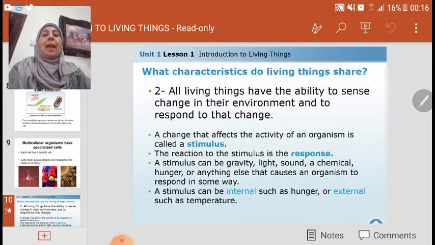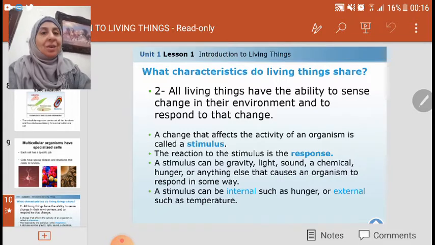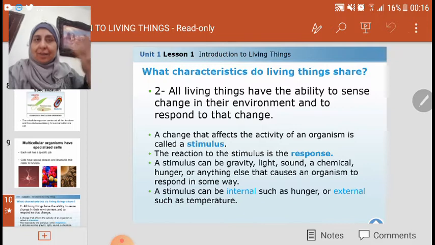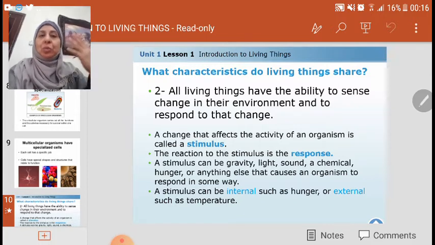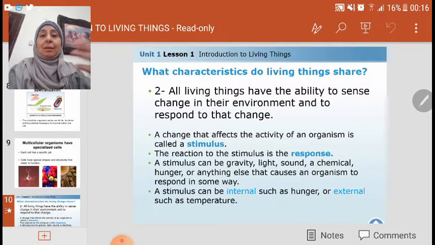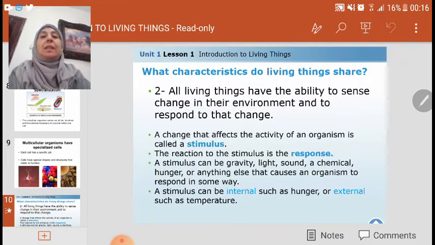So, any change that affects the activity of an organism is called a stimulus. Scientists gave a name to the changes in the environment that affect the organism's activities. This name is stimulus.